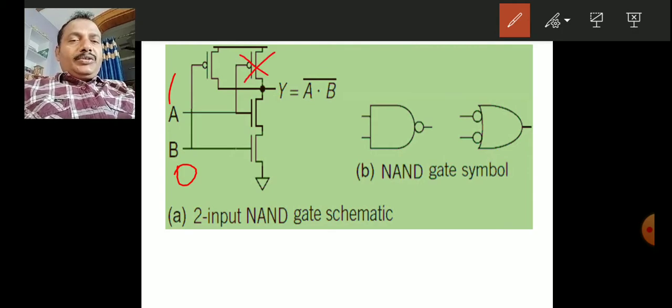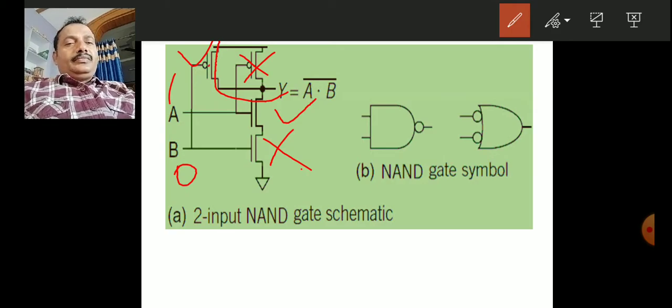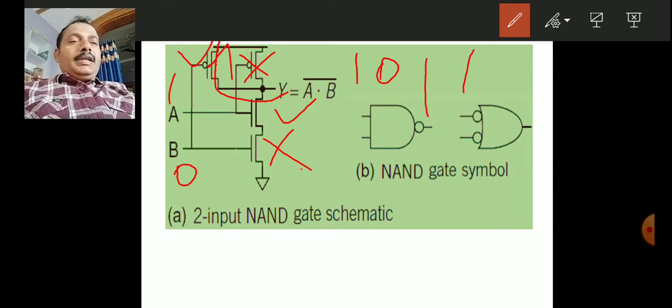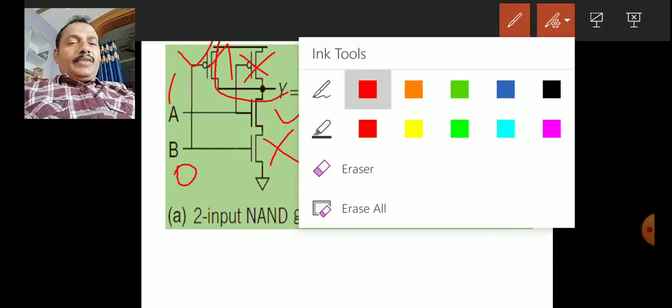This one coming to here means this is switched on. And this 0 coming here, this is switched on. And this 0 coming to NMOS, this is switched off. Hence, the output Y connects to VDD through this transistor like this. Hence, for 1 0 combination, the output is 1.